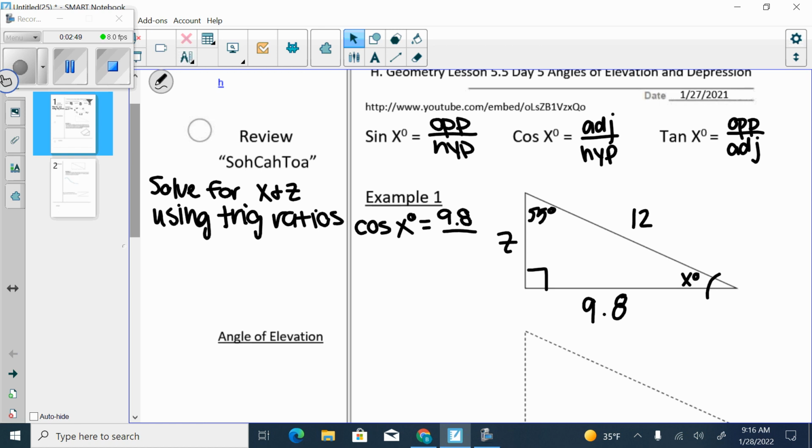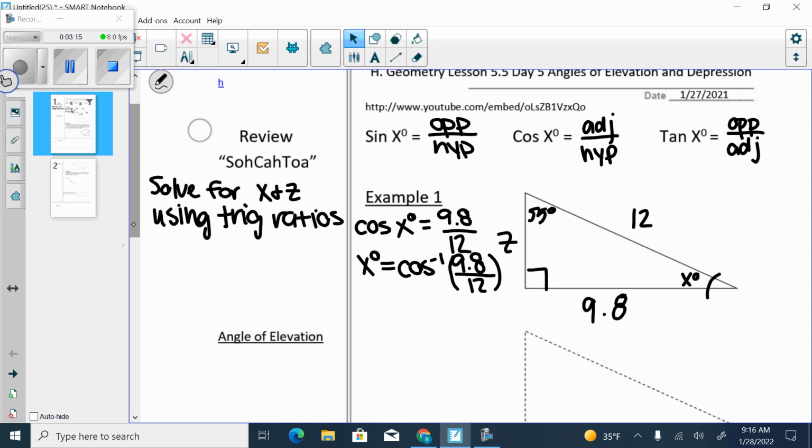Over hypotenuse, which is good. And I'm trying to solve for that missing angle. What do we do to solve for our missing angles? Right, we take the inverse. Very good. So x degrees is equal to our inverse cosine of 9.8 over 12.